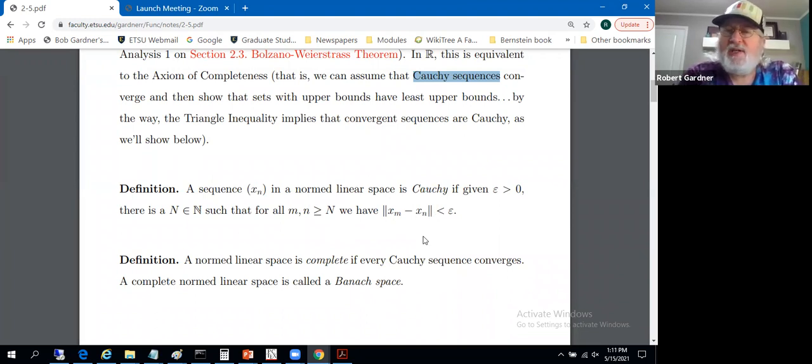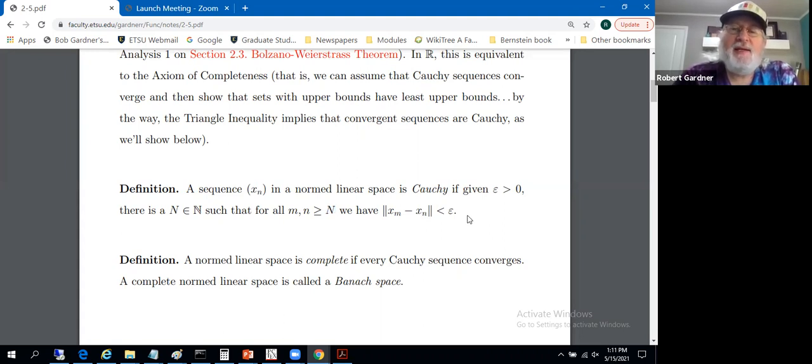So this is very much a senior level analysis concept involving Cauchy sequences. Think of it as: for all epsilon greater than 0, there eventually exists a capital N after which terms are close together in this sense. So that's an informal way to think of Cauchy.